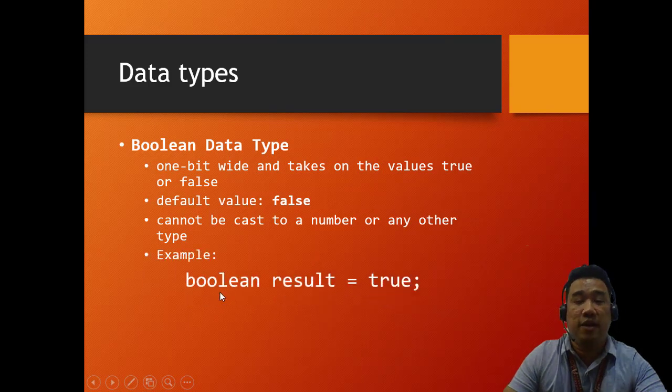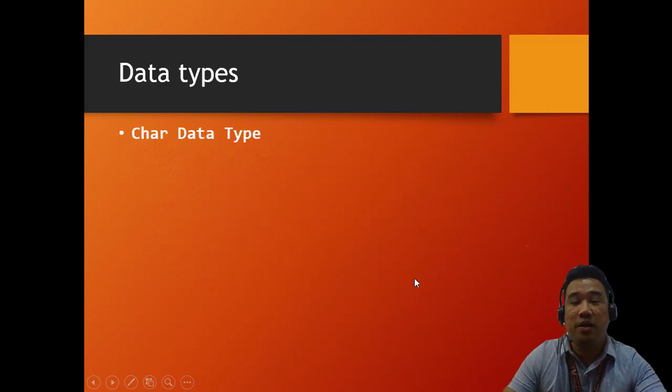So, take note. For example, we have Boolean result equals true. Meaning to say, the initial value of result is true. But if we omit or remove the equals true, then the initial value of result is false. Okay? Or the default value.